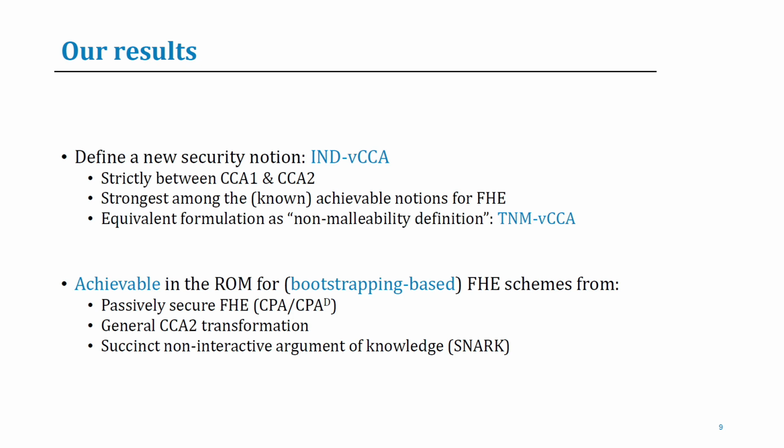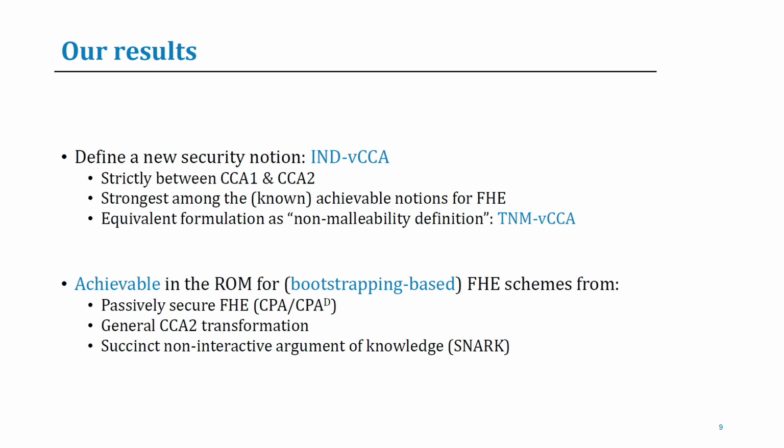So we propose a notion we call INT-VCCA, for indistinguishability against verified chosen ciphertext attacks. As hinted at, it's going to be between CCA1 and CCA2 security. It is the strongest among the known achievable notions for FHE. So we compare it with some of the other notions I talked about earlier.